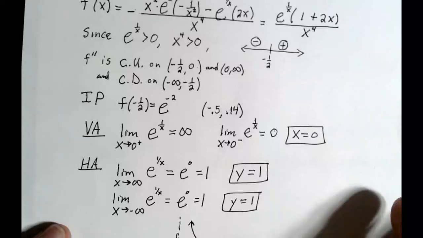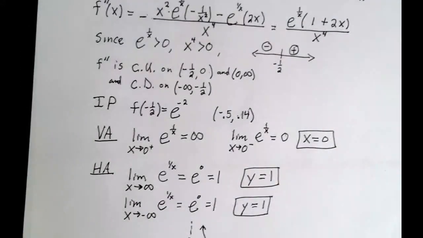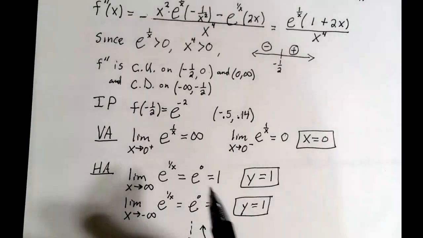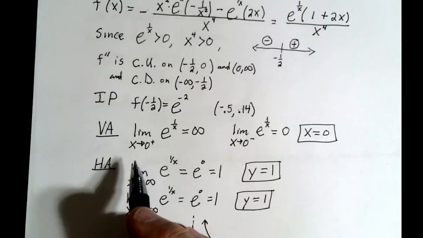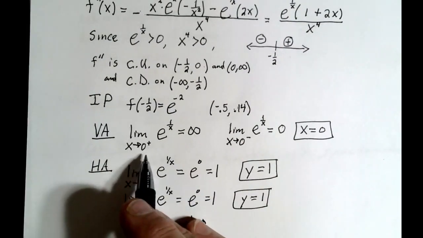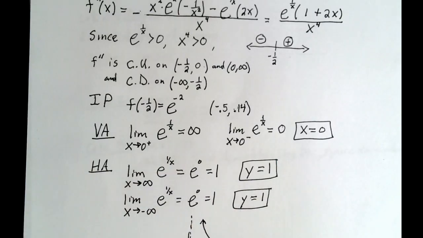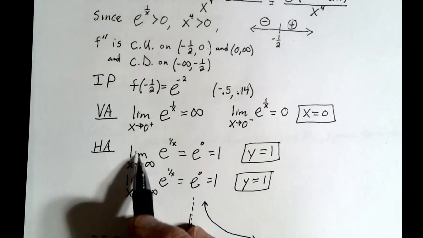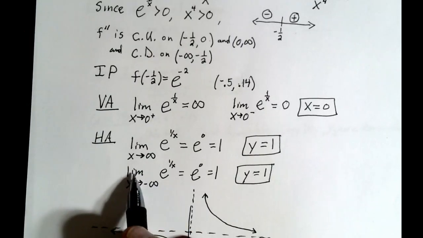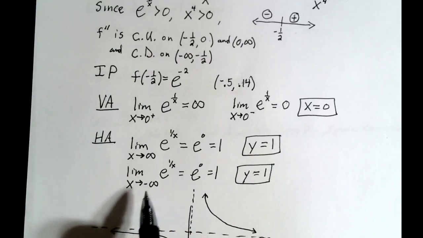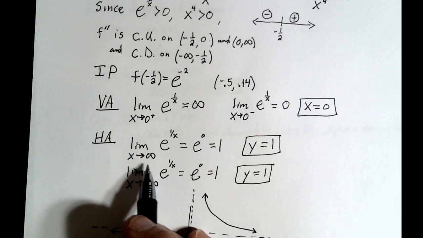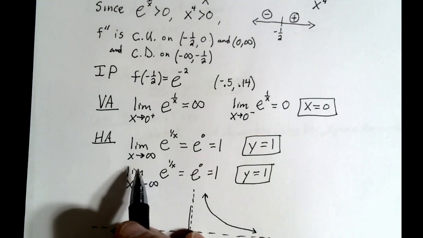Now they also talk about vertical and horizontal asymptotes. And remember, a vertical asymptote is found where the denominator equals 0, and typically you just have to show the limit as it approaches one side or the other, and it goes off to one of the infinities. The horizontal asymptotes are where you go off to infinity or minus infinity, and generally those are found for rational functions.